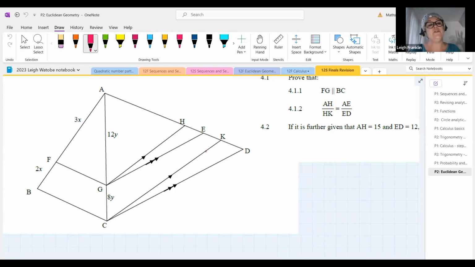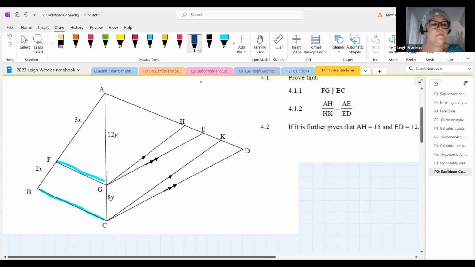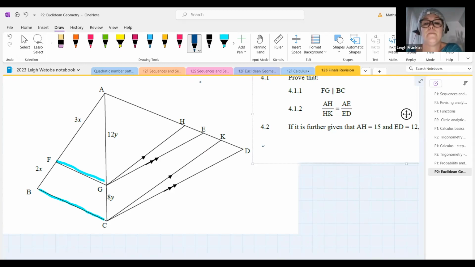So we see FG down here, and BC over there. Which triangle do you think they want us to work in? Exactly, they want us to work in ABC.